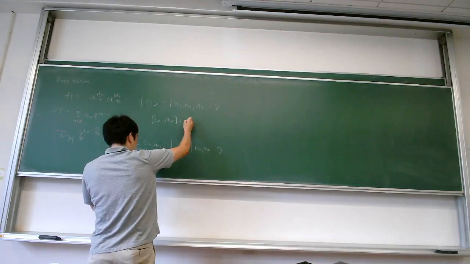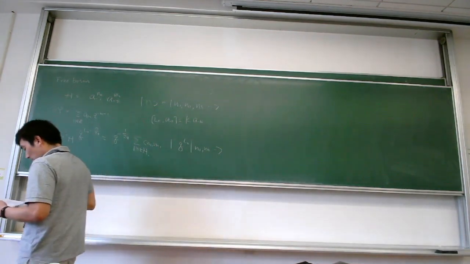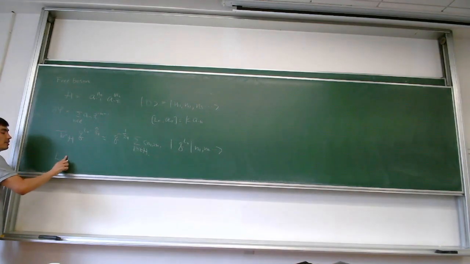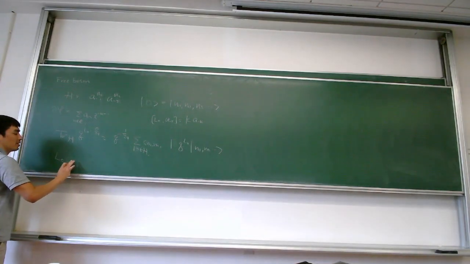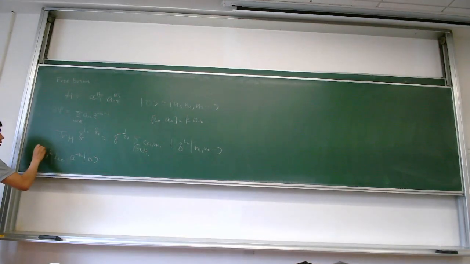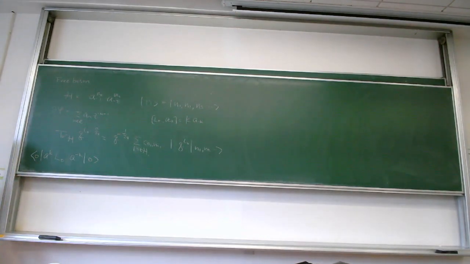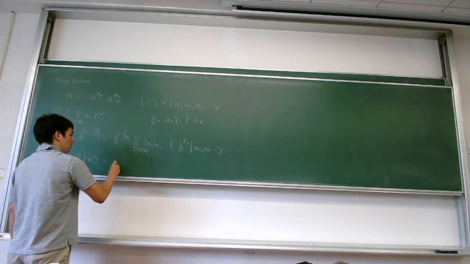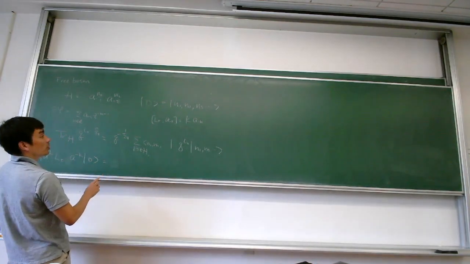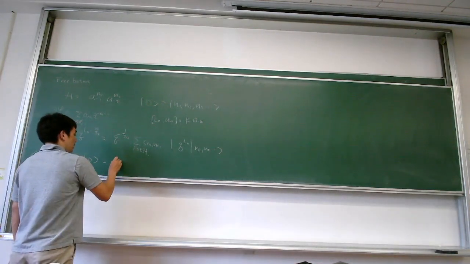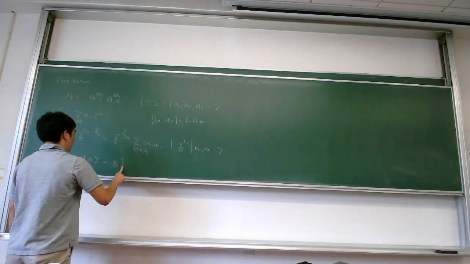As far as I know, the commutator gives k times a minus k. So this is the commutation relation.